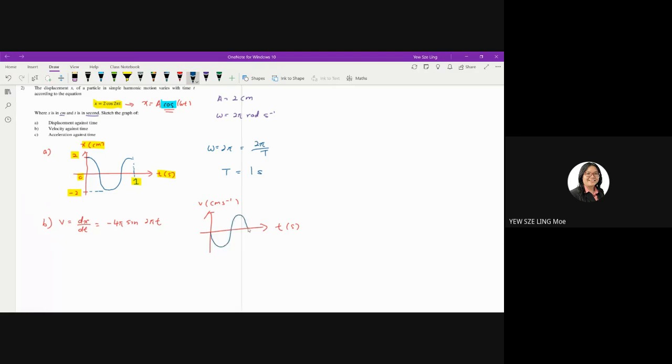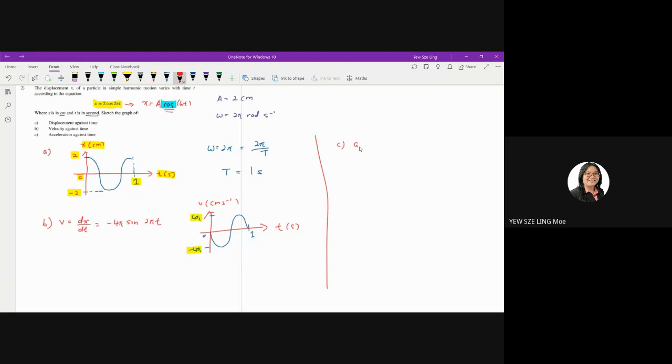With here as 1, and then here is 4 pi, and then 0, negative 4 pi. Remember the most important thing is don't get the maximum value wrong. It is no longer A, but it's A omega.